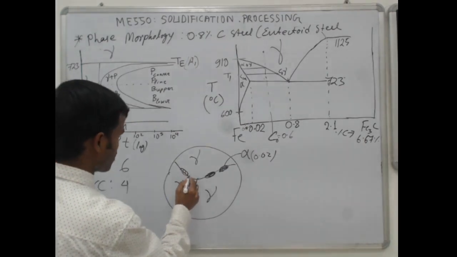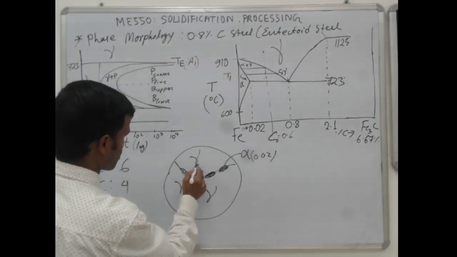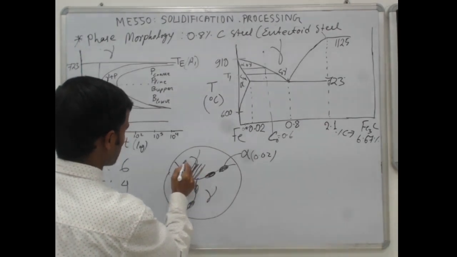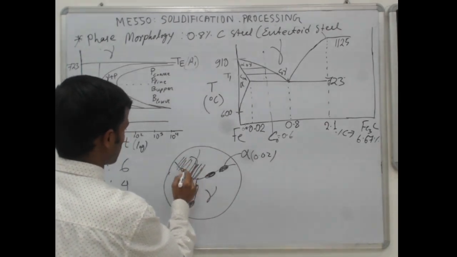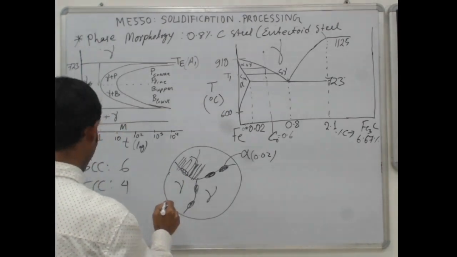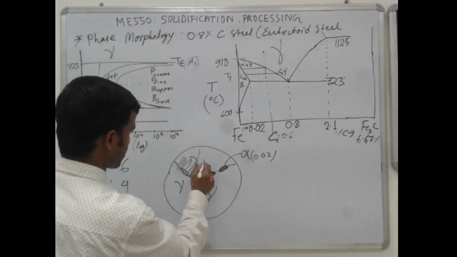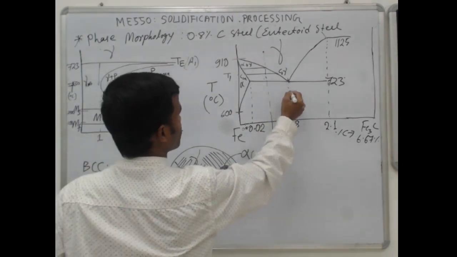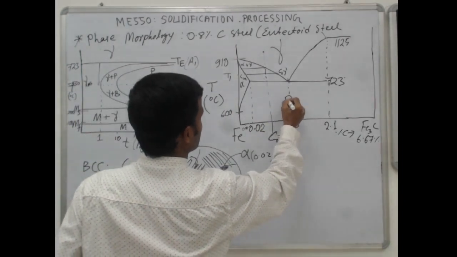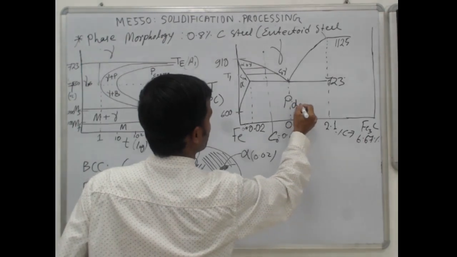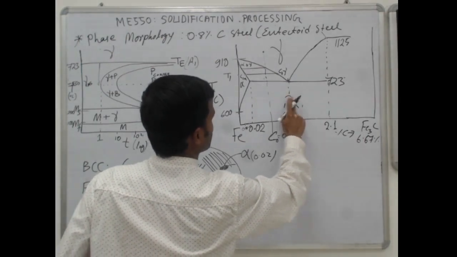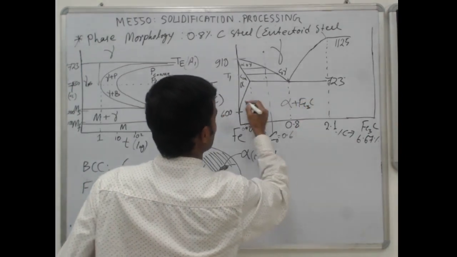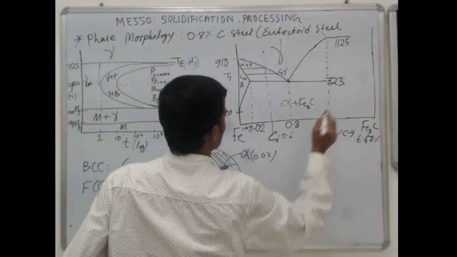Now this austenite, from the grain boundaries, say this cementite will form and it will become say this pearlitic. It will undergo a pearlitic transformation. Pearlitic means alpha plus Fe3C, because this is alpha, and on that side you have Fe3C.